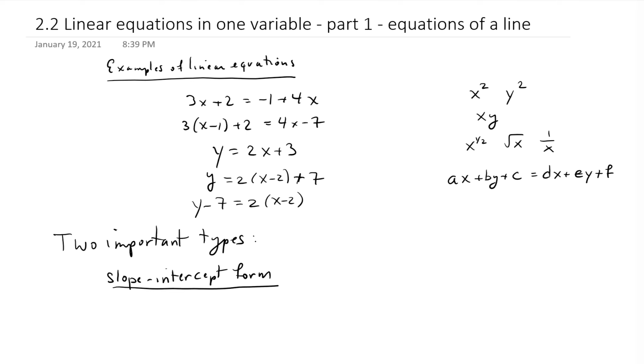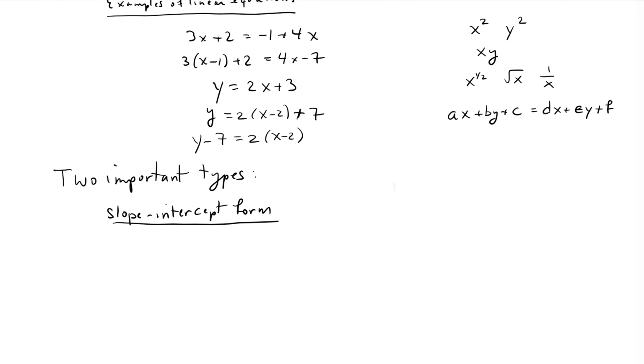So what is that? This is the equation of a line you can get when you're given the slope m and you're given the y-intercept.